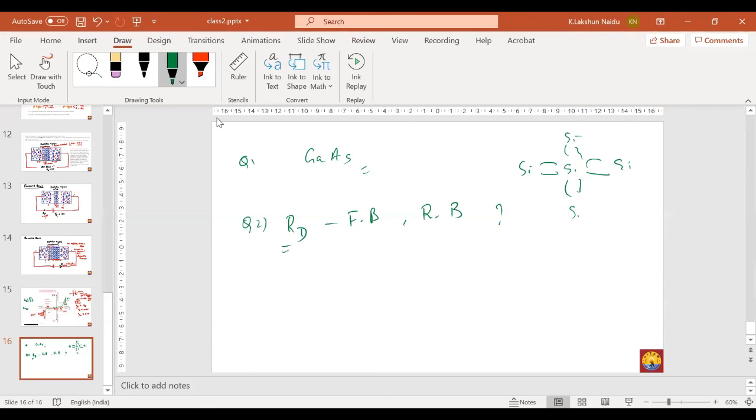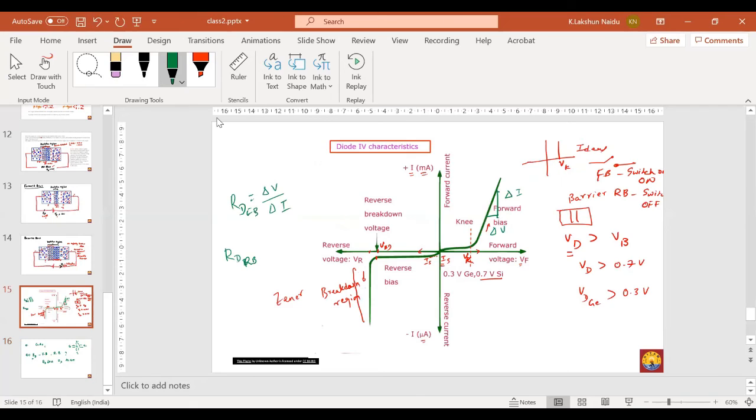Definitely in the reverse bias case, the diode resistance is very high, and in the forward bias case, the resistance of the diode is low. So you have to find the typical values.